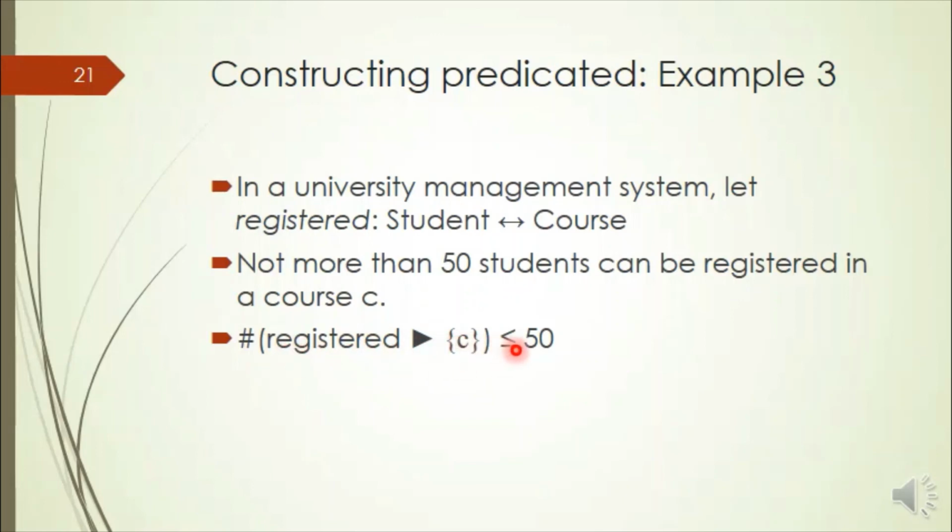So we specified the property of the university management system software that in a single course we cannot register more than 50 students.